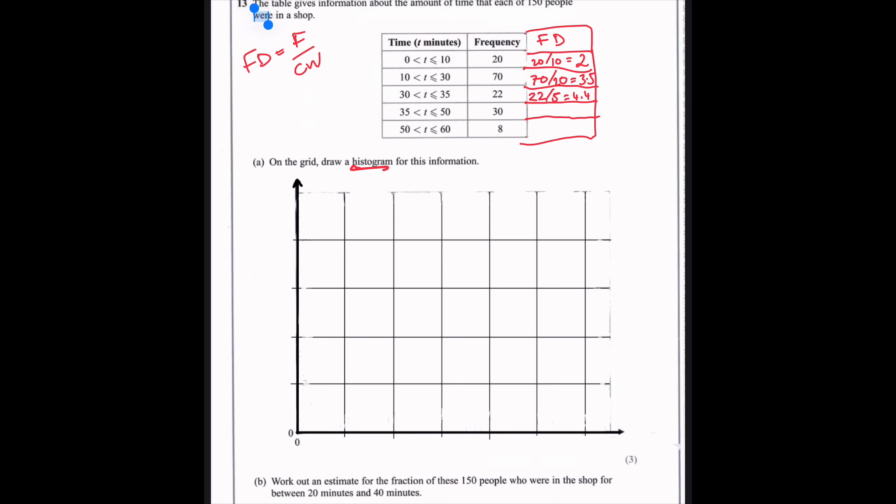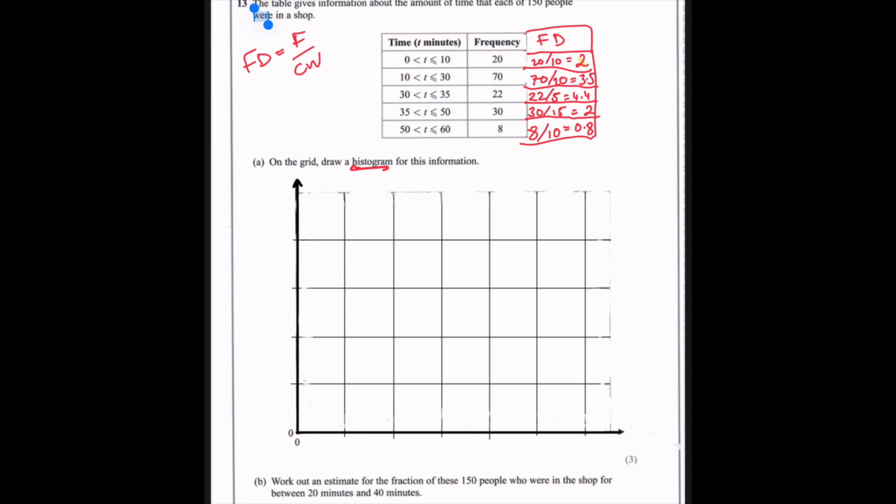You can do bus stop method to figure that out. And for the next one, we have a frequency of 30 divided by a class width of 15, which again is 2. And then lastly, we have a frequency of 8 divided by a class width of 60 minus 50 is 10, which gives us 0.8.